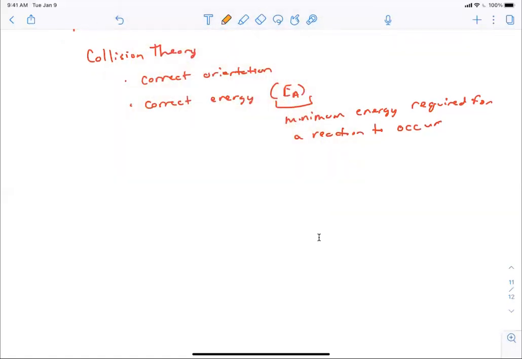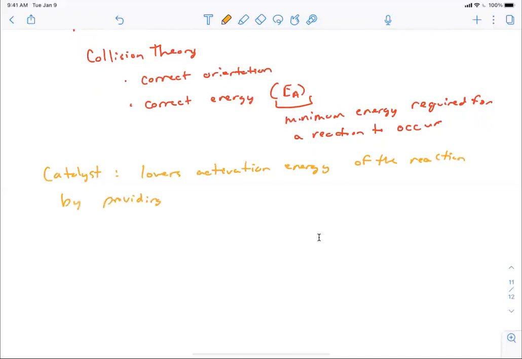The idea of a catalyst, like you saw on the mock exam, addresses two things, this definition. So catalyst lowers activation energy of the reaction by providing an alternative pathway. It seems that the mark scheme was very emphatic that you had to say alternative pathway in here as well.